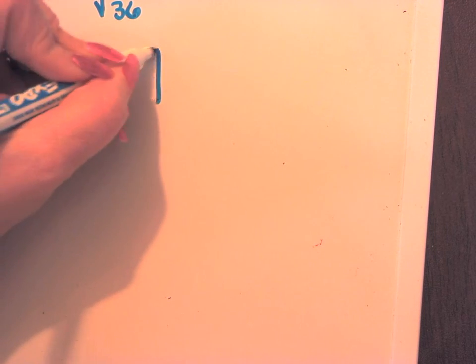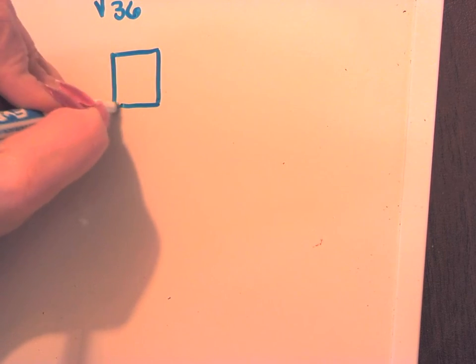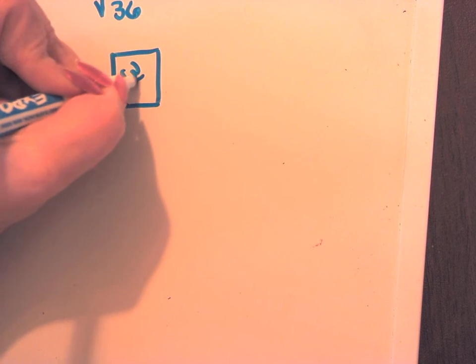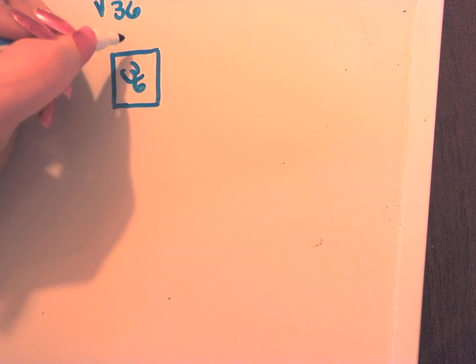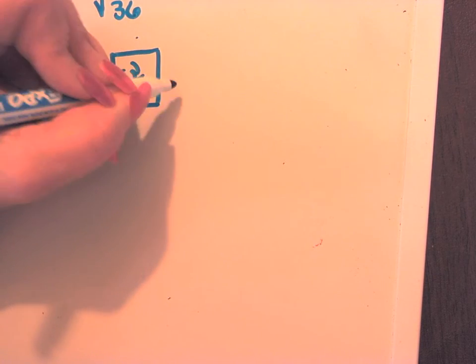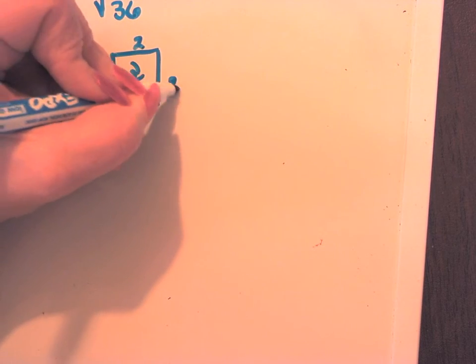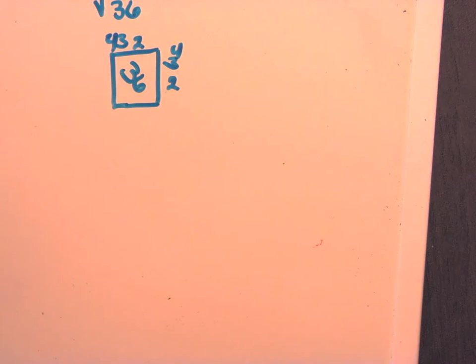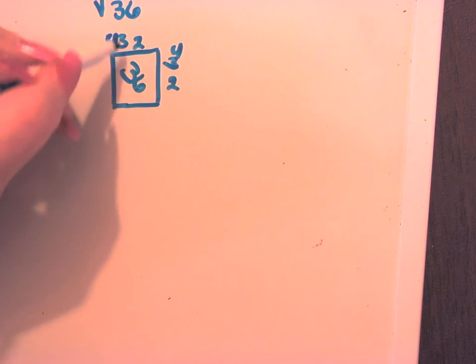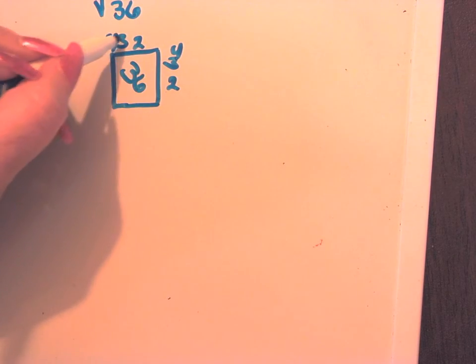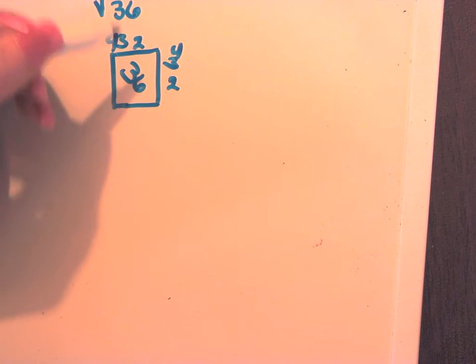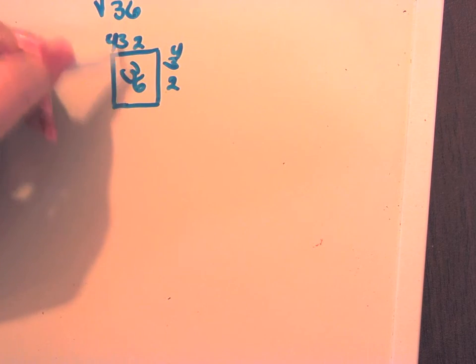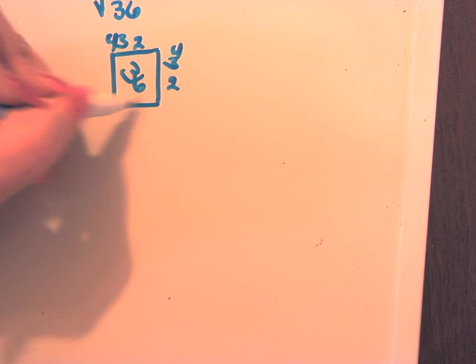So if I'm looking for the square root of 36, I have a square, and the area inside that square is going to be 36. And because it's a square, it has to either be 1 times 1, a 2 by 2, a 3 by 3, a 4 by 4, whatever numbers that you come up with. It always has to be the same number on one side as it is on the other, because that's what makes it a square. If we have 4 on this side, then we have 4 on this side.